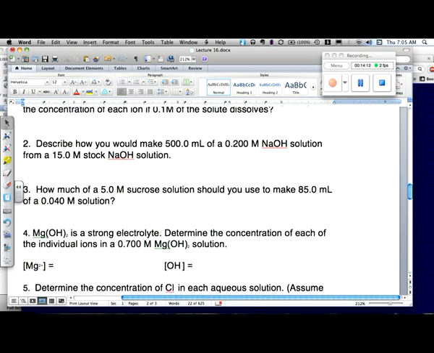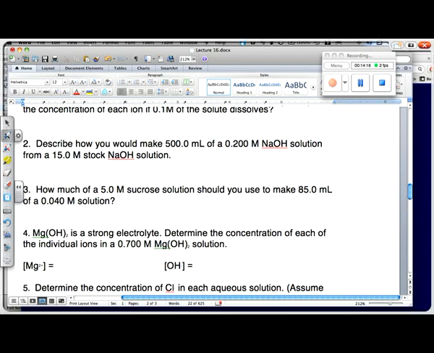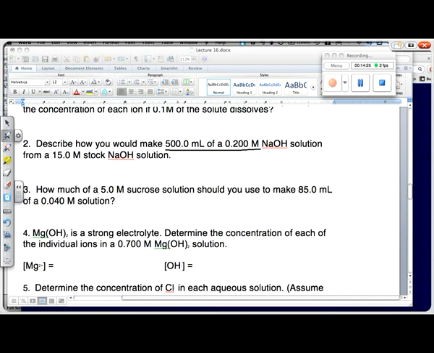All right, number 2 looks like a dilution question. So let's dissect it. We have 500 milliliters, so these two pieces go together. It doesn't really matter what side you put them on as long as you keep the right things together. And then 15 molar, that's your concentrated, and they want to know, describe how you would make this, so we need to know a volume.